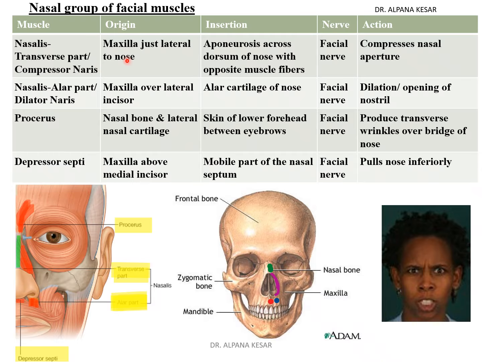Compressor nares takes origin from the maxilla just lateral to the nose, and insertion is in the aponeurosis on the dorsum of the nose, where the fibers of the muscles of two sides intermingle with one another. This muscle is compressor nares. The action of compressor nares is to compress the nasal aperture.